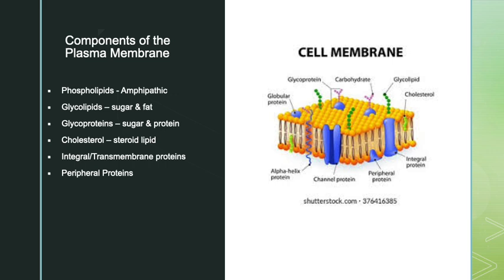Another component of our phospholipid bilayer, or our plasma membrane, that's embedded along with those phospholipids are called glycolipids. Glyco for sugar, lipid for fat. Glycolipids work largely as a cell signaling molecule, meaning that they are going to be able to identify that cell to other cells.